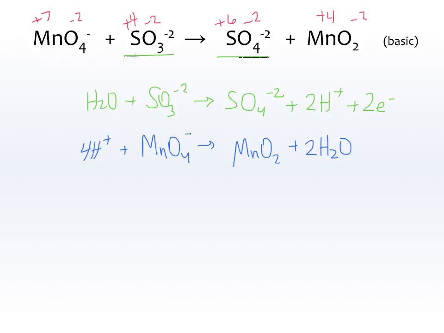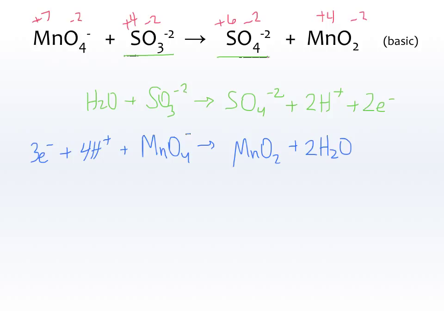As far as charge is concerned, 4 pluses and a minus is a total of 3 plus on the left, and nothing on the right means I need 3 electrons. Three electrons, and an MnO4 minus and 4 pluses is a total of 0, so we have 0 and 0.